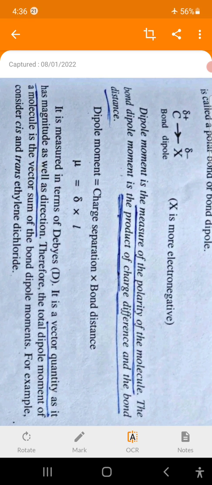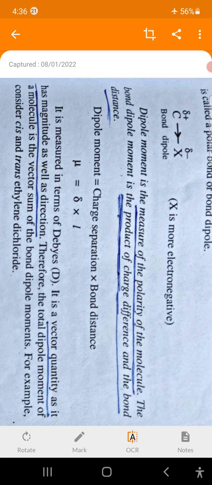Then what is the definition of polarity? It is dipole moment, the measure of polarity in a molecule. Here is how they give one definition.